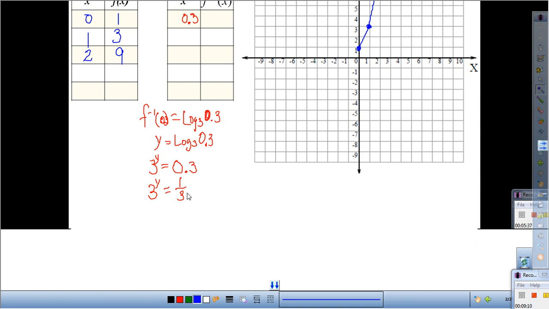That we need to have the same base, but this one's in the denominator, so we're going to send it up here. That means this becomes 3 to the -1, and that equals 3 to the y. So what do we get? y equals what? y equals -1, and that goes right here, -1.